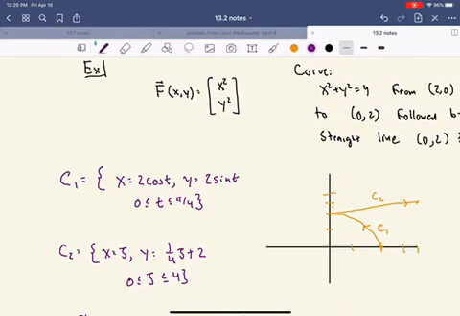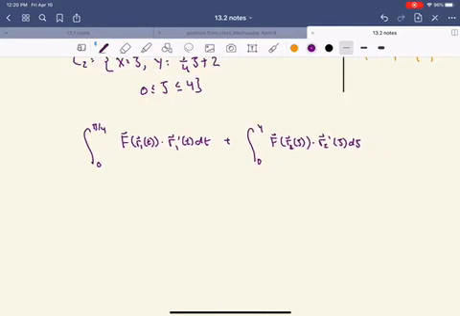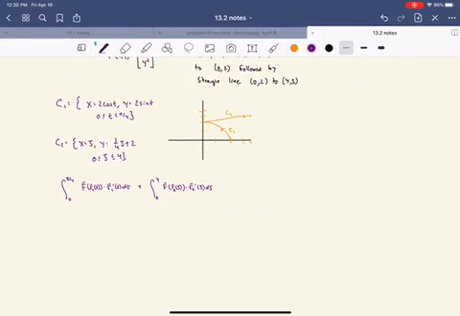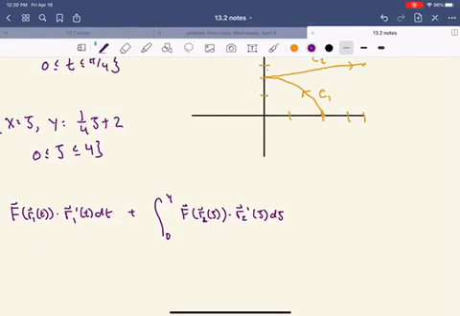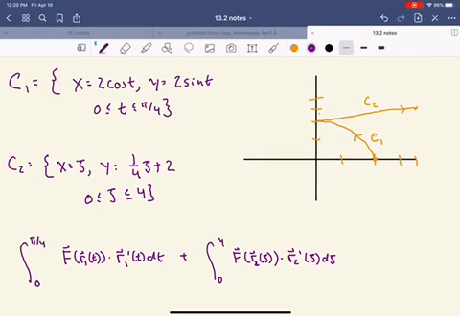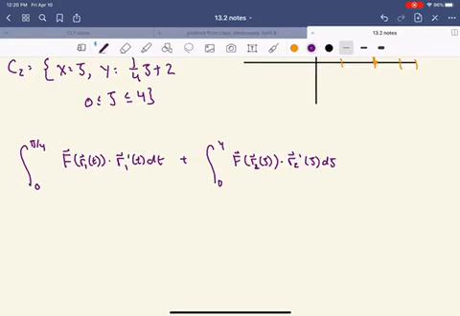So our F, remember, is x squared, y squared. So we're going to take each piece. Remember that 2 cosine, 2 sine.